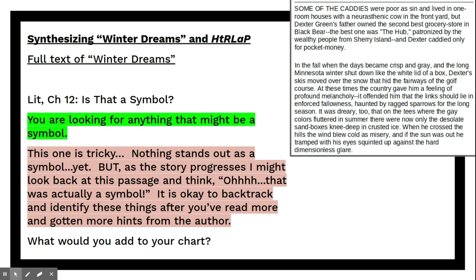And usually we can do that because we see little hints reoccurring, and then we can reflect back and find previous ones that we've missed. But as of right now, in the context that we have in just these two paragraphs, there's probably not anything that we can pick out as a symbol.